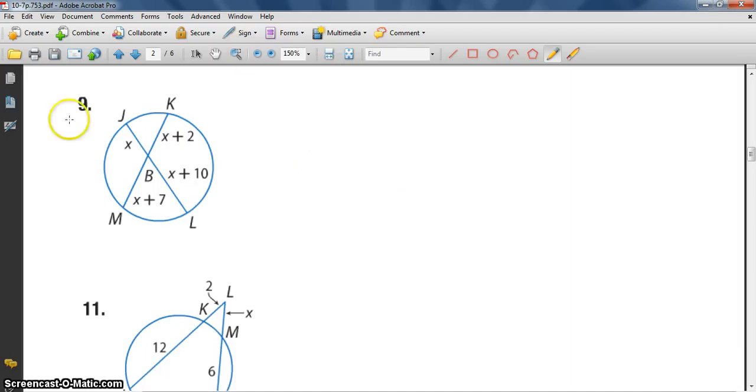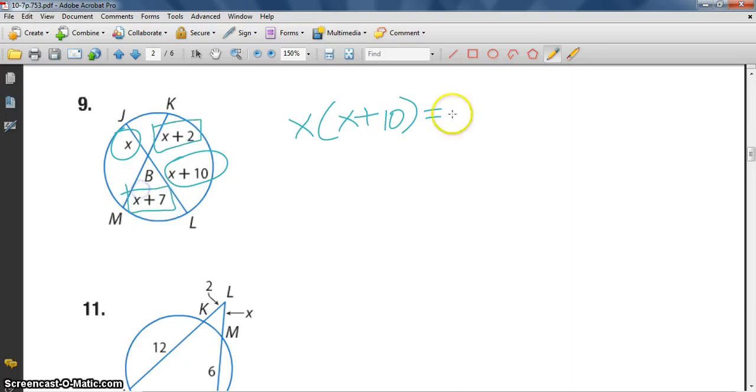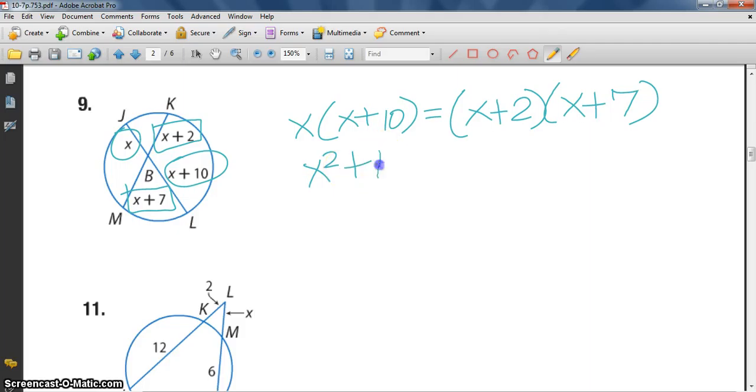Using the same theorem on number 9, the product of these two parts is equal to the product of these two parts. So if we distribute, we get x squared plus 10x.